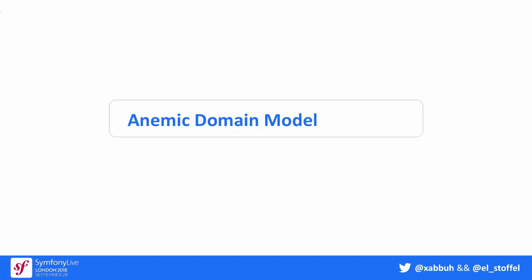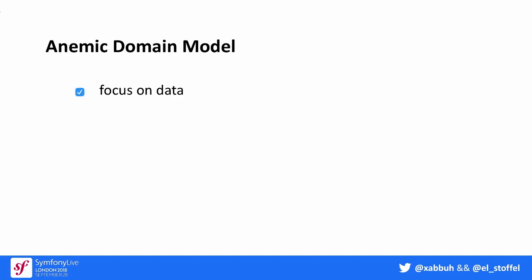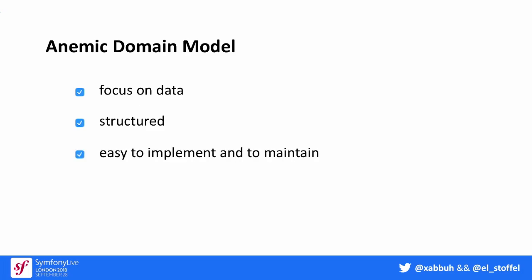Okay, so you have seen the model, and it's just private properties with plain getters and setters. That's what is called an anemic domain model. An anemic domain model focuses on data, and it's structured. So I defined all the properties I care about. And it's very easy to implement. I define the properties, and if you're using PhpStorm, or I guess there are plugins out for every IDE, to generate getters and setters, you don't have to write them, right?